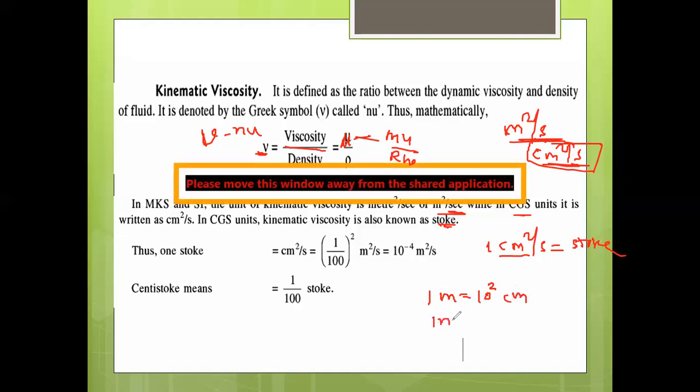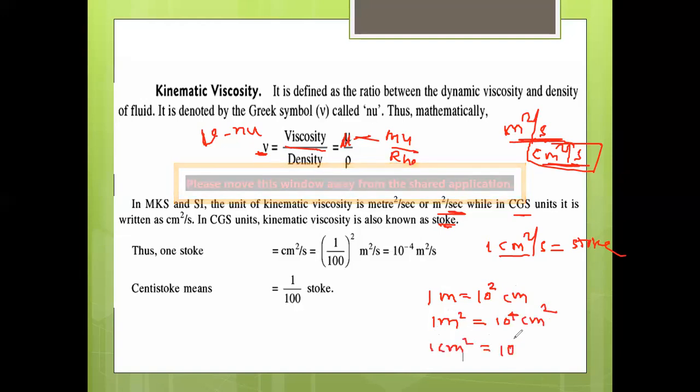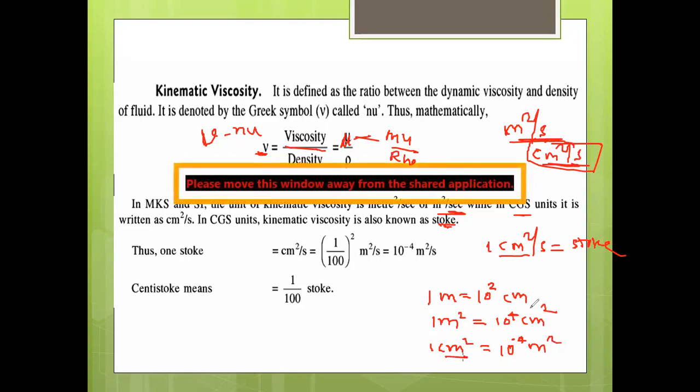So if I do the squaring on both sides, what will I get here? 1 meter square is equal to 10 to the power 4 centimeter square, right? So 1 centimeter square is equal to 10 to the power minus 4 meter square.